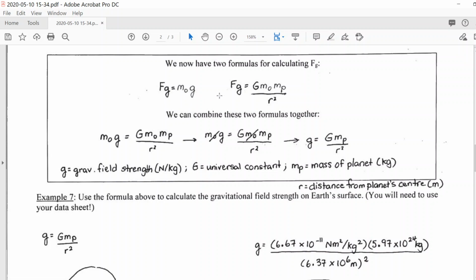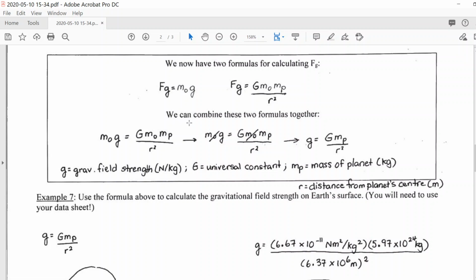You should actually pause the video and try that. And what you'll notice is you're going to get the same answer whether you use this formula on the left or this formula on the right. So Fg is the same both times. It's just how you calculate it is different. So again, MO is for the mass of the object, and MP is for the mass of the planet.